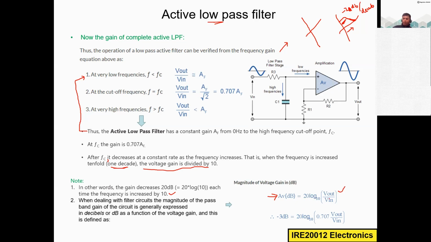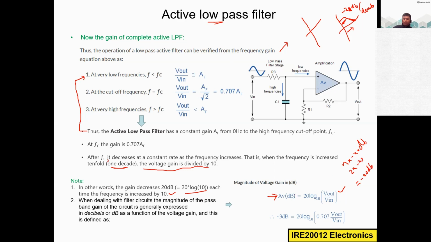That is why when you increase the order of the filter, you will increase the roll-off rate. Instead of this 20, it is going to be n times 20 dB. This is the standard value. So how can we calculate the 20 dB? If it's a second order filter, then it will be minus 2 times minus 20, that is minus 40 dB.